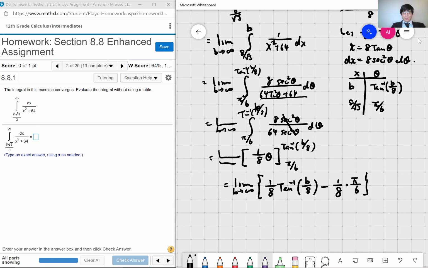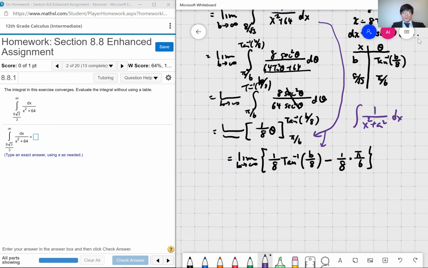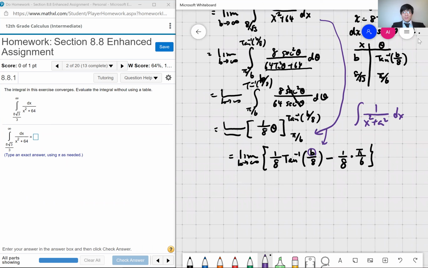If you remember the formula for 1 over x squared plus a squared dx, then just use the formula, and you can get here in just one or two steps. Now you plug in infinity, so you are considering the inverse tangent of infinity, which corresponds to pi over 2.